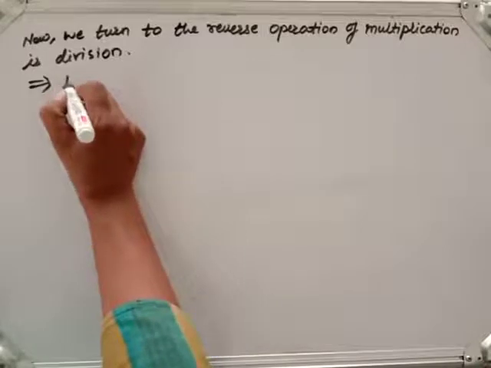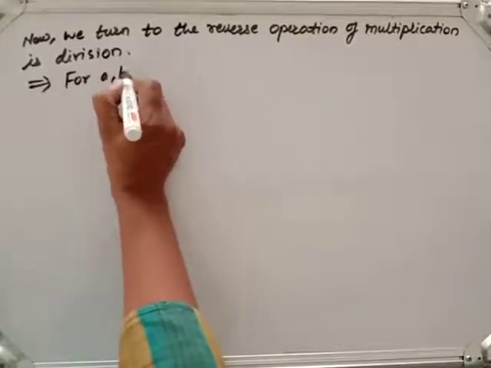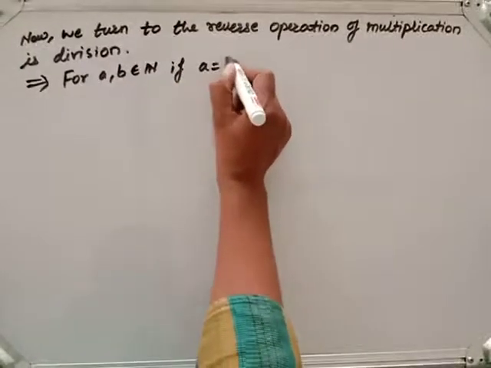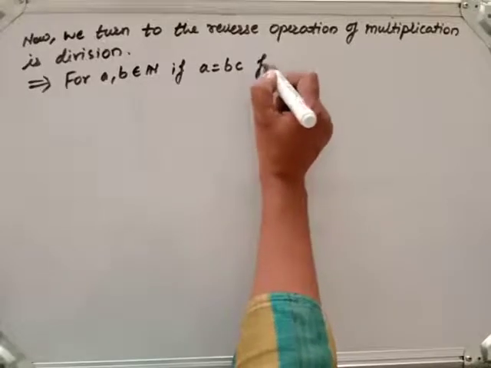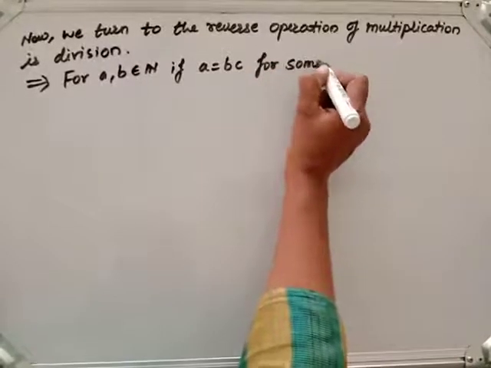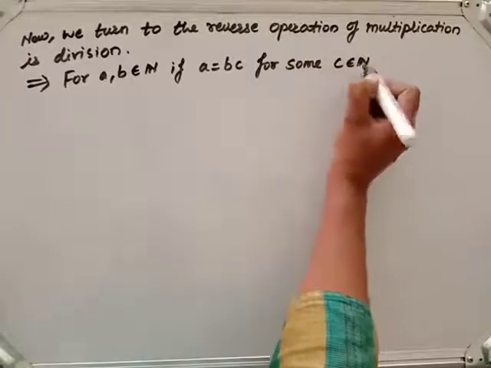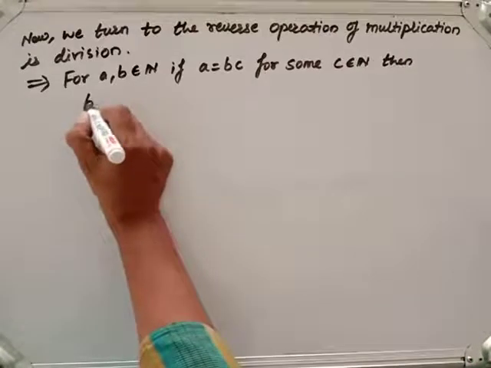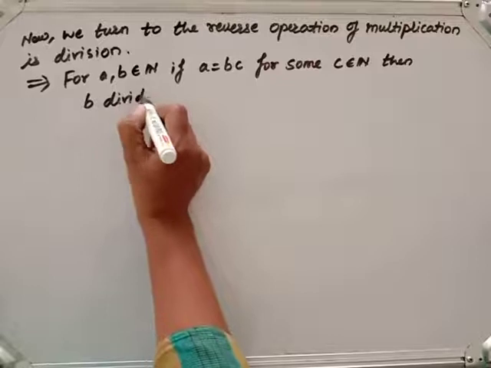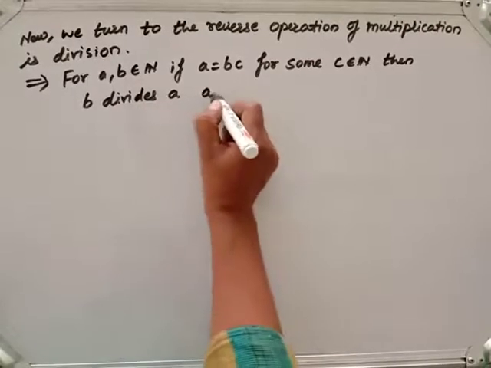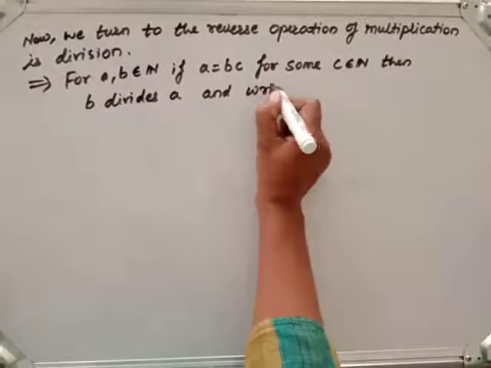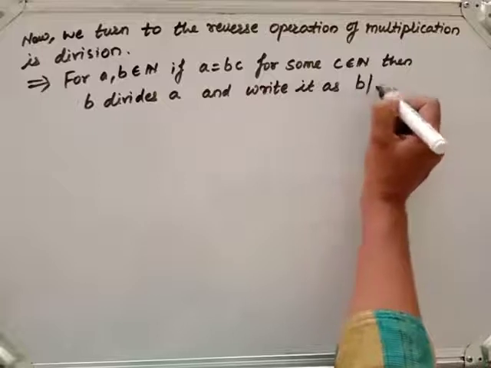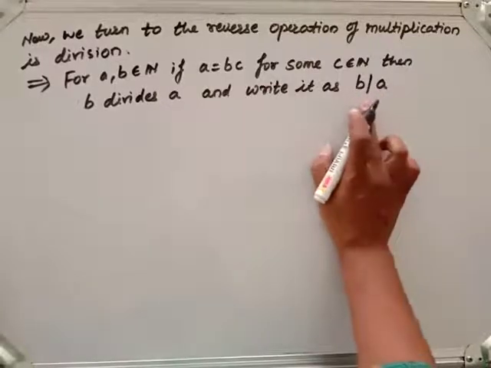That is the same as saying, for a, b belonging to the set of natural numbers, if a equals b times c for some c belonging to the set of natural numbers, then we say b divides a, and write it as b | a.